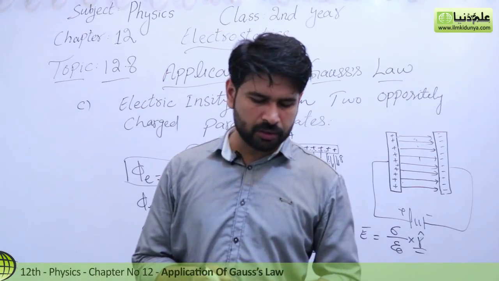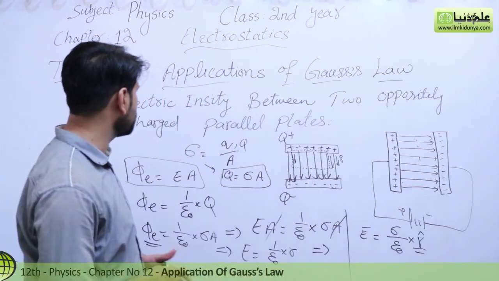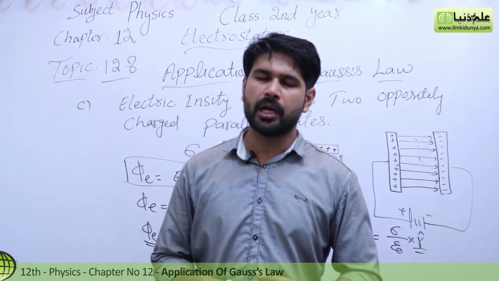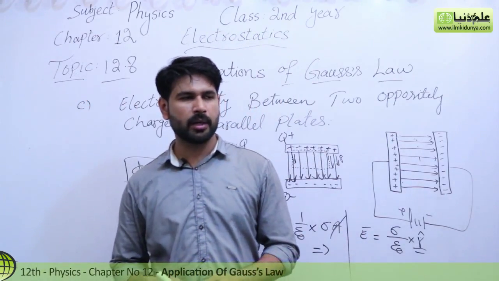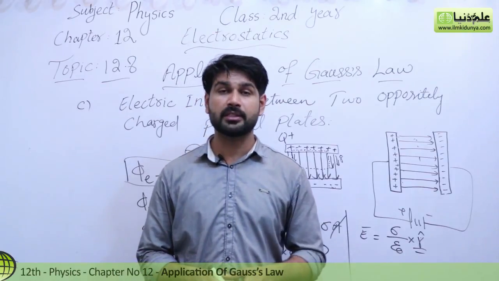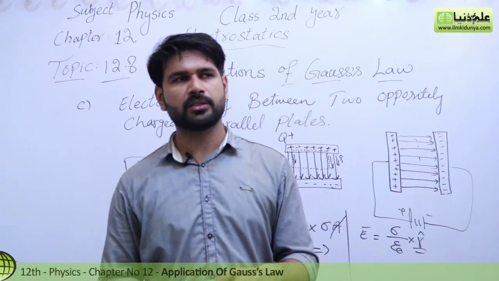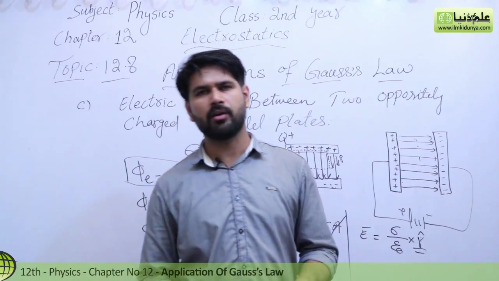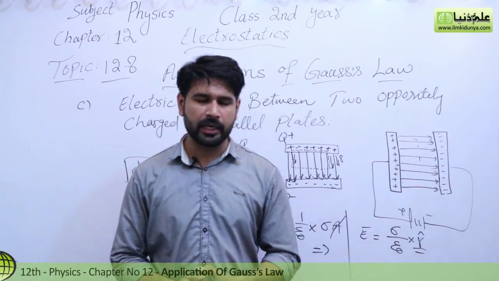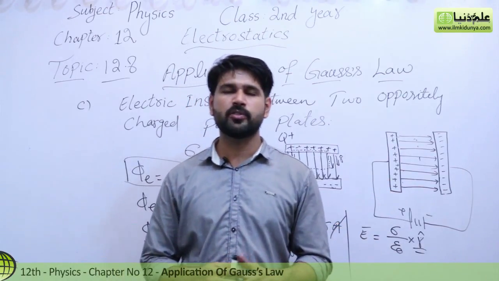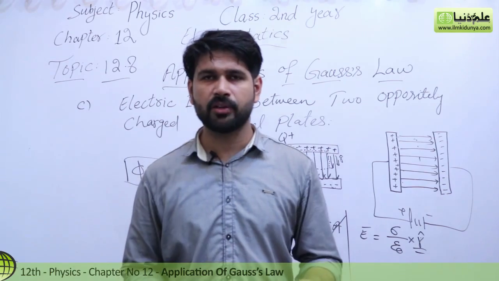Students, those are the applications we have discussed, A, B and C, and the purpose of all of them is to find the electric field, the electric flux density, whatever you want to say. So in applications of Gauss's law, our main purpose is to find the electric field intensity.